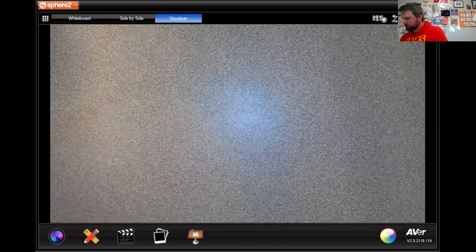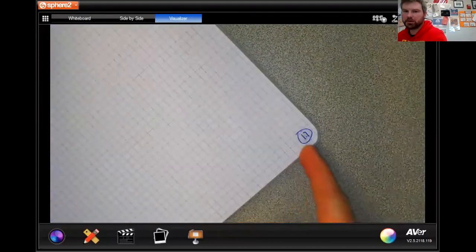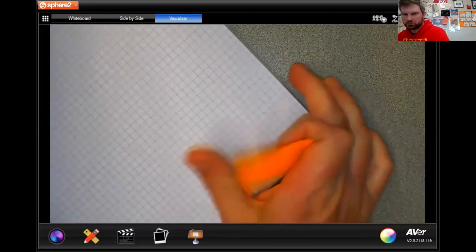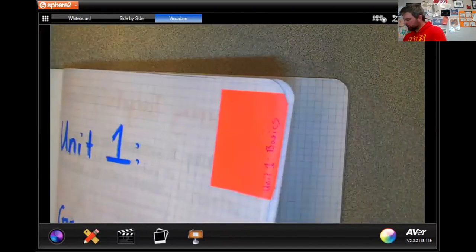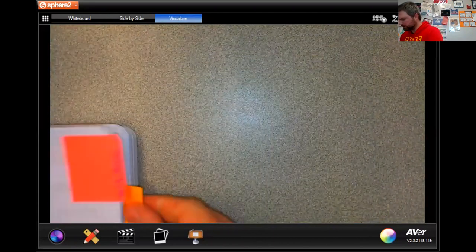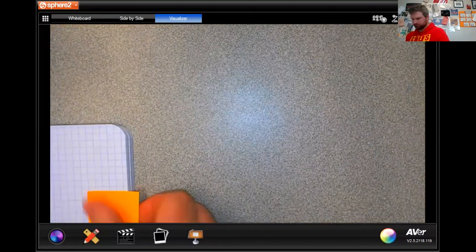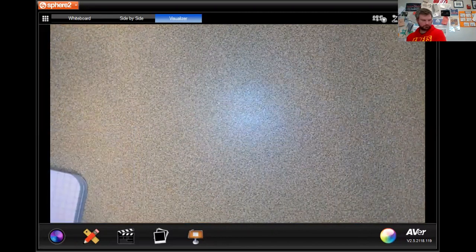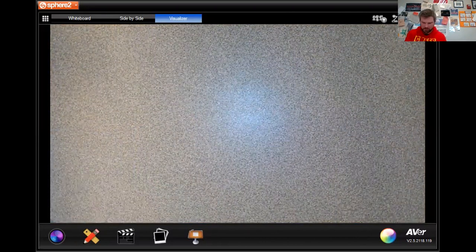So I'm actually going to start on page 17 of our notebook. Some of you may have used your pages for other things, so hopefully we can come back on page 17 and be ready. So I like to put a little post-it here where I can put the title.